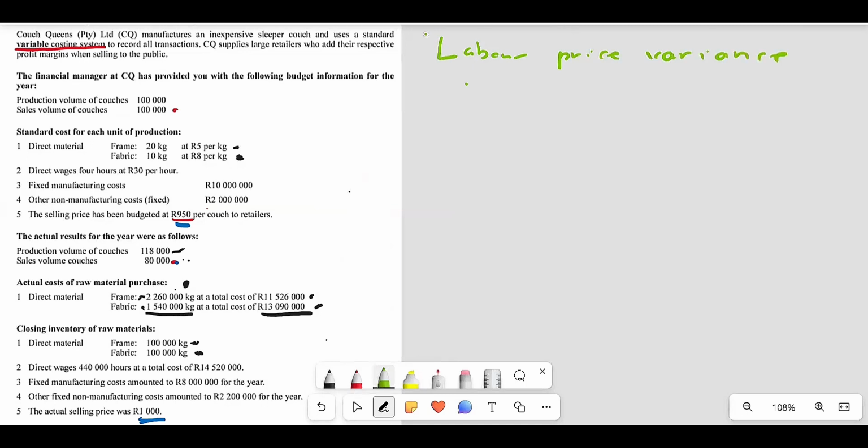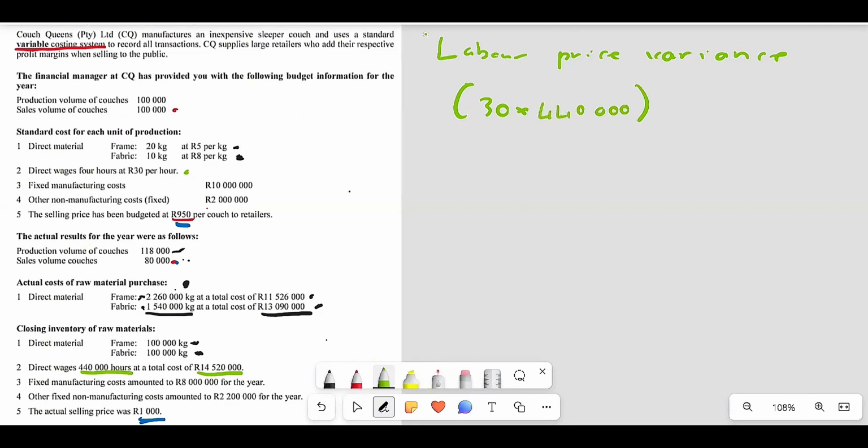Okay, so we're gonna take our budgeted price, which is 30 rand per hour, right? And then for labor, they give us a total cost. Okay, so let's get our total budgeted cost. Therefore, our total budgeted cost will multiply with the actual hours that have been incurred during the year.